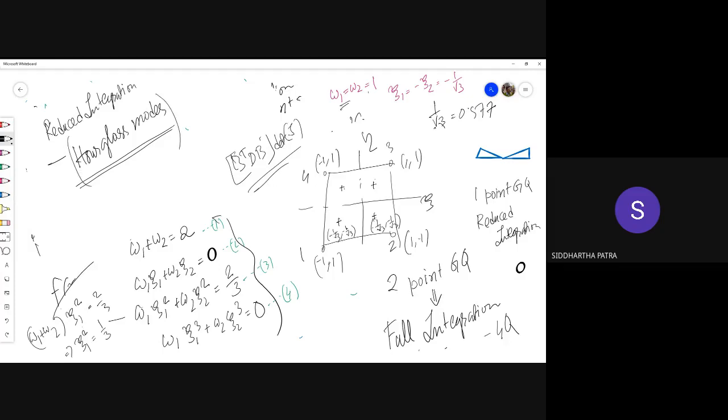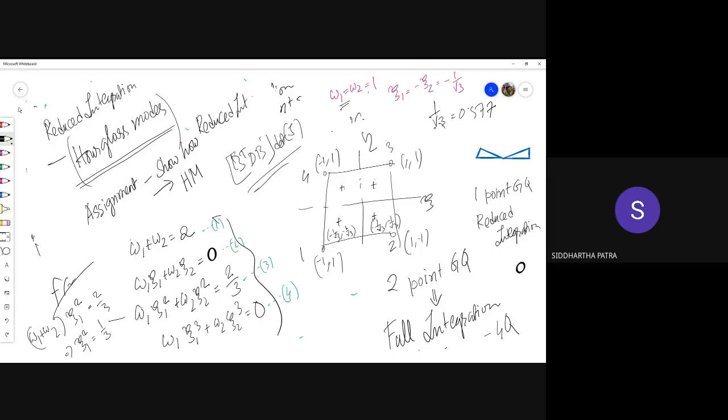So we'll stop here, and this is going to be your second assignment. Show how reduced integration gives us hourglass modes, and also what are hourglass modes and how is that not desired.